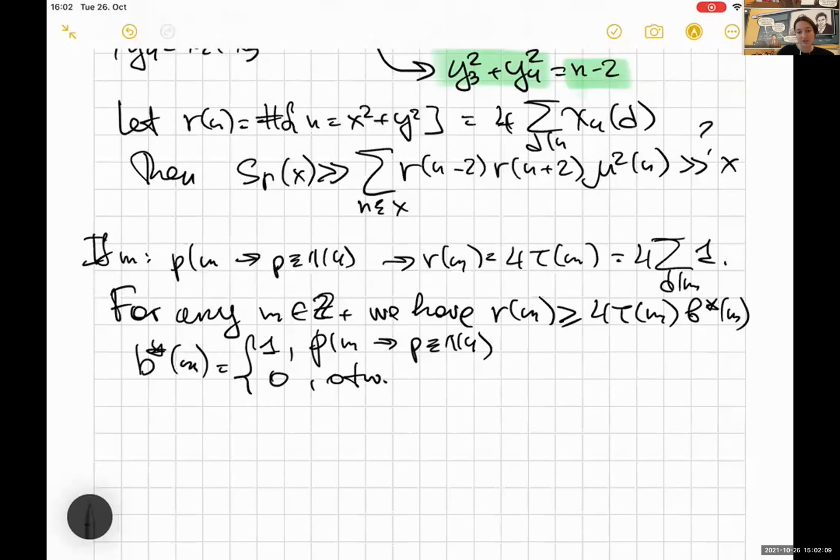So b star is non-zero precisely when m is an odd number that has a primitive representation as a sum of two squares.